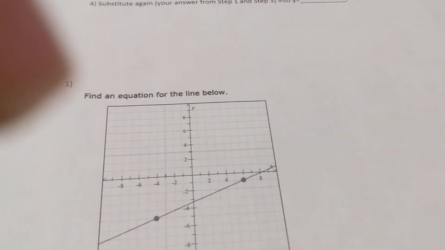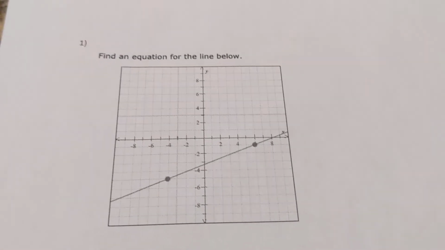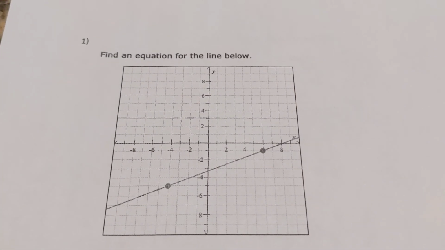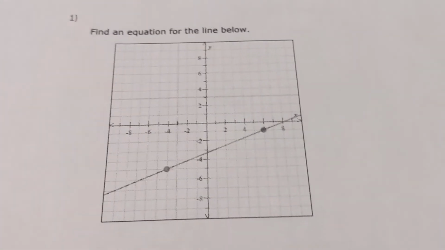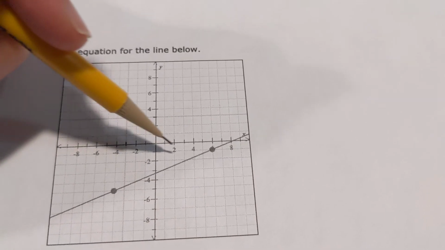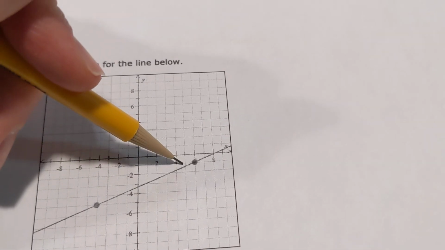So what we're doing here, you're given the graph of a line, and you need to write the equation based on that graph. So the two things we need to get, the slope, well, the slope is pretty easy to find. You're just going to use rise over run and count how many up you need to go and how many over you need to go.